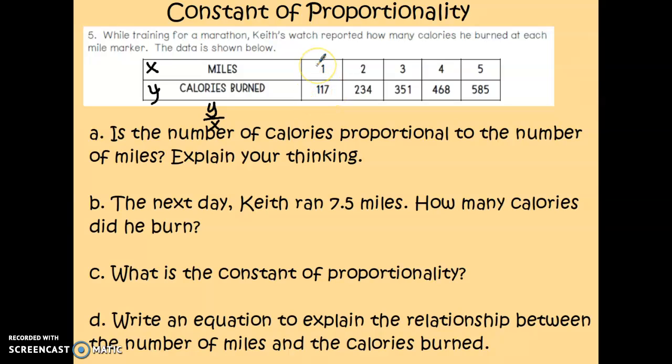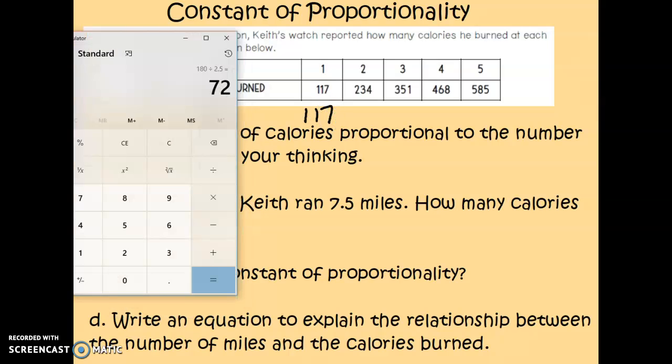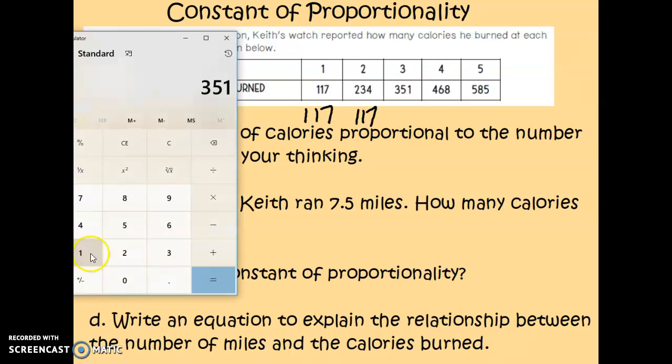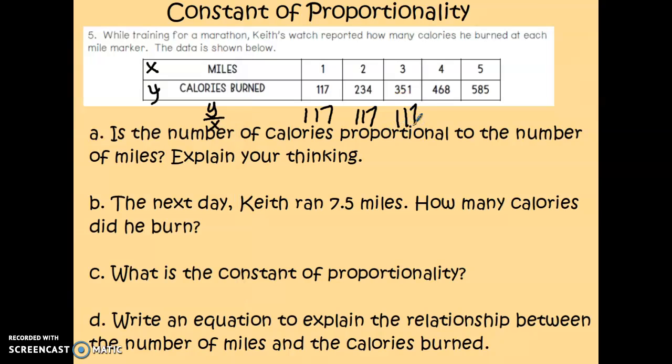So 117 divided by 1 is 117. 234 divided by 2 is 117. 351 divided by 3, 117. You guys see how I'm checking each and every one.